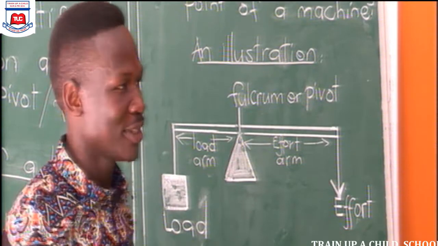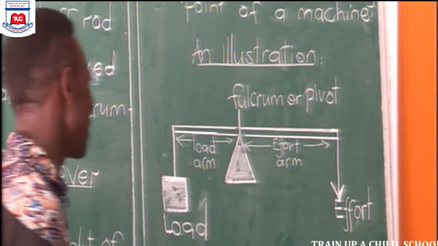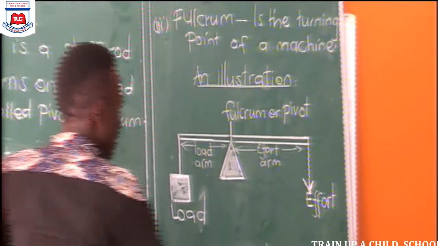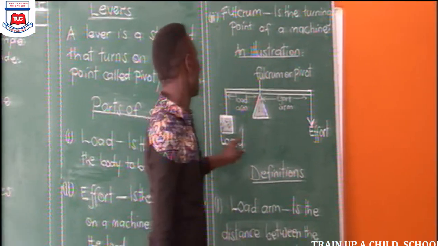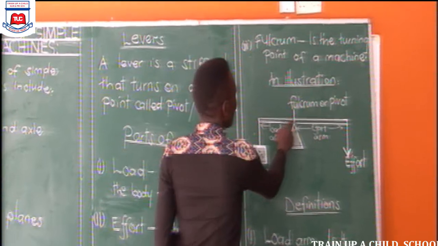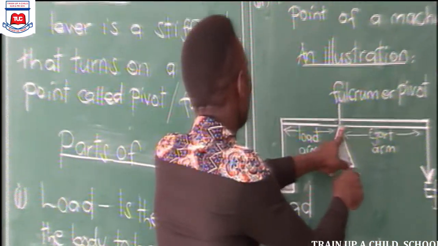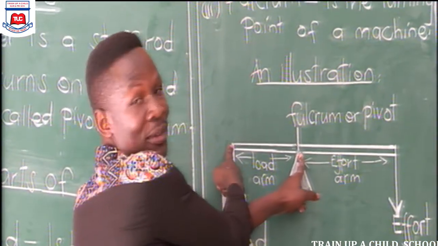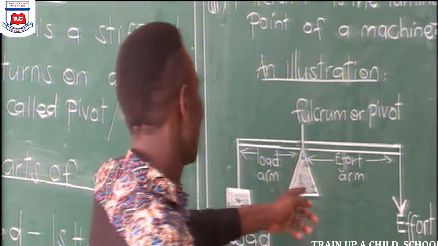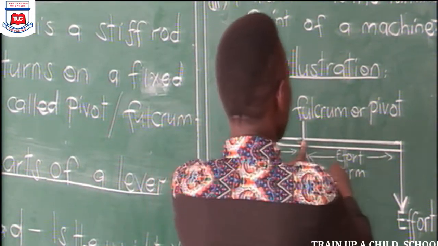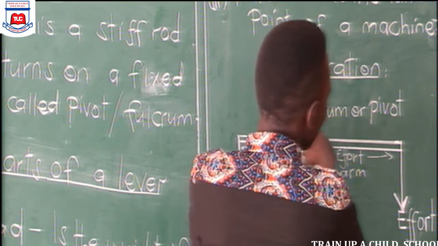As simple as this. So there's no need of failing these things. An examiner may bring a question, what's load arm? Please, what you have to say is, load arm is the distance between the fulcrum and the load. What is effort arm? Very simple, like ABC. Effort arm is the distance between the fulcrum and the effort.